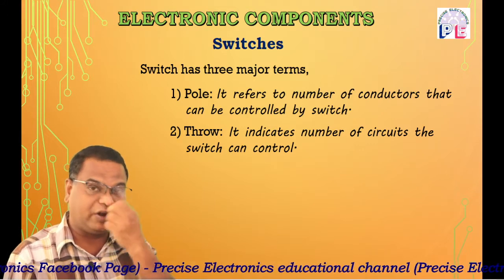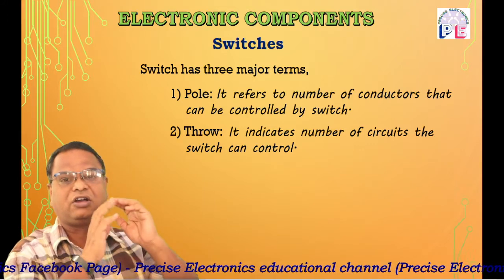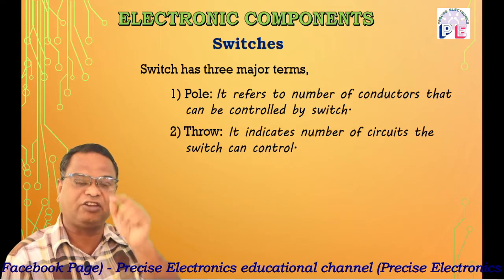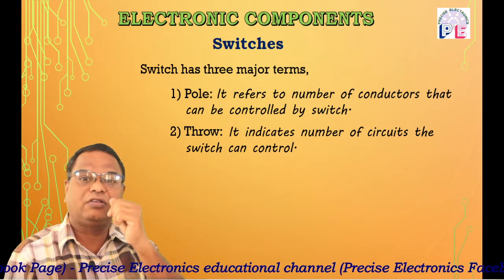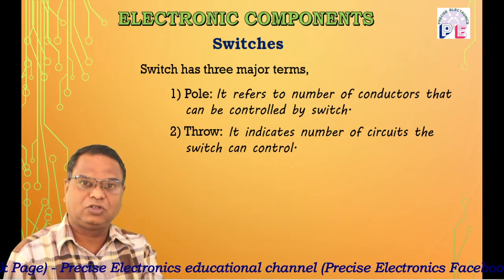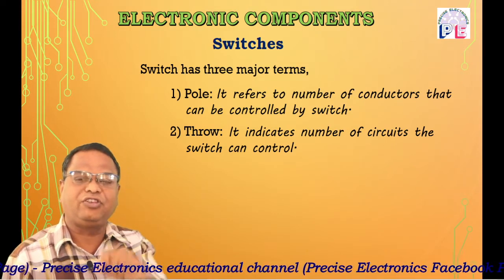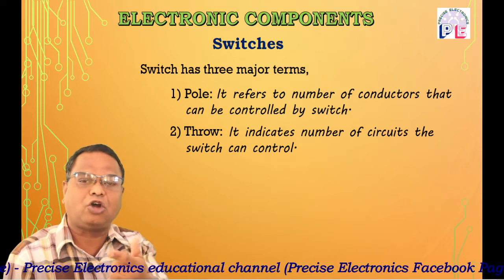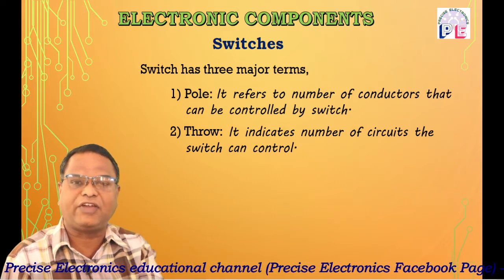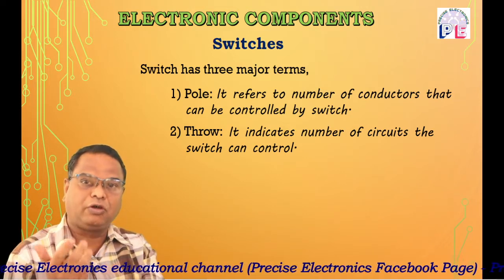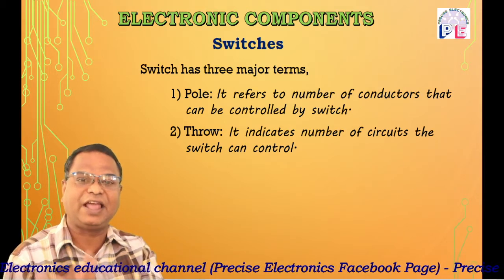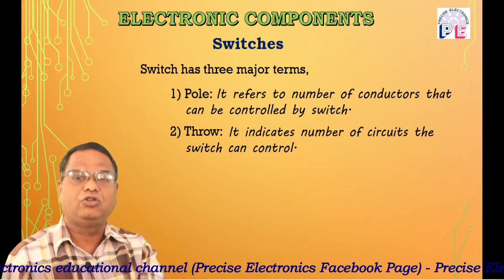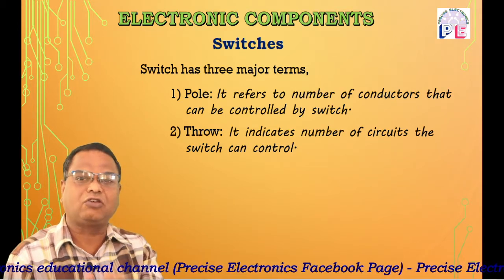For example, in our home electric board, the switch has only a single throw, and that is used to control our appliance, to turn the instrument on or off. For example, it is used to turn the fan on or off, or to turn a lamp, tube, CFL or LED on or off.